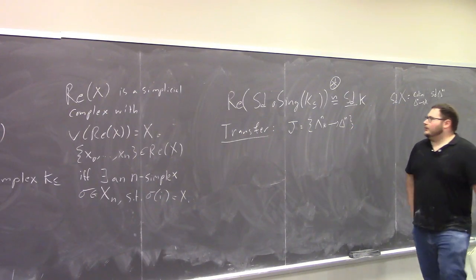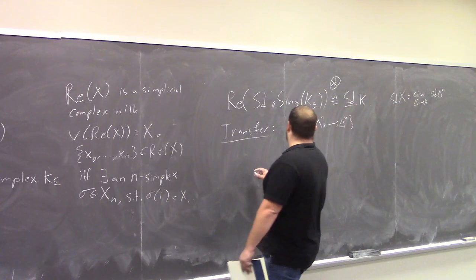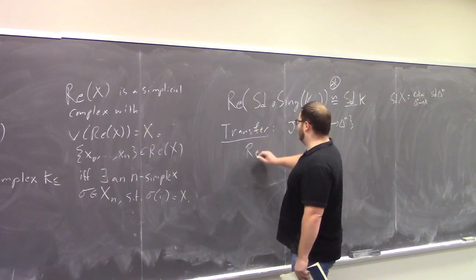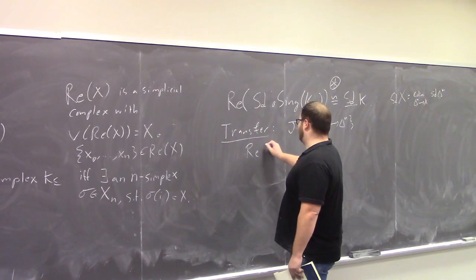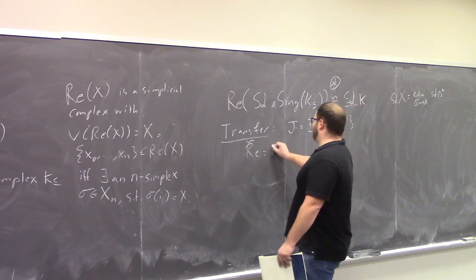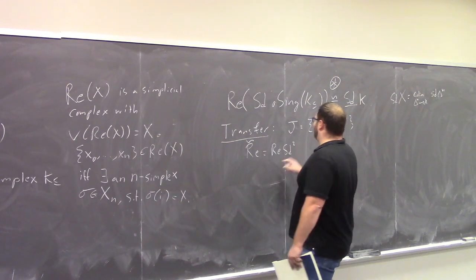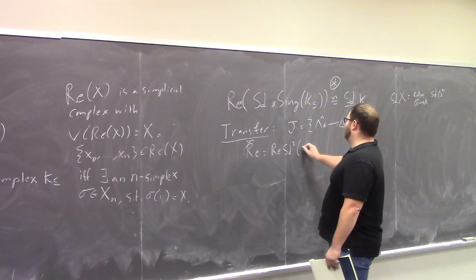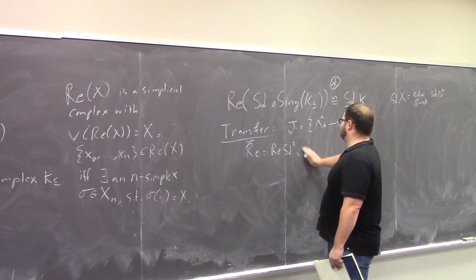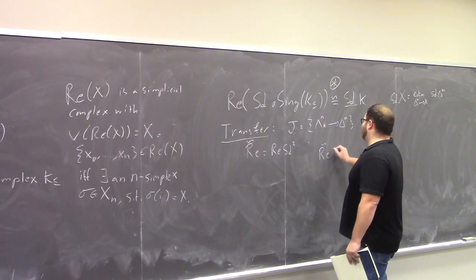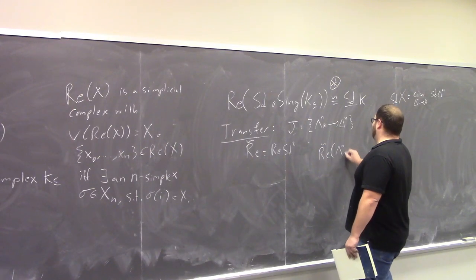To transfer the model structure, all I need to do is show that, all right, so let me do it like this. I'm going to let tilde be subdivided twice. I want to apply this to J. So I get something like this.